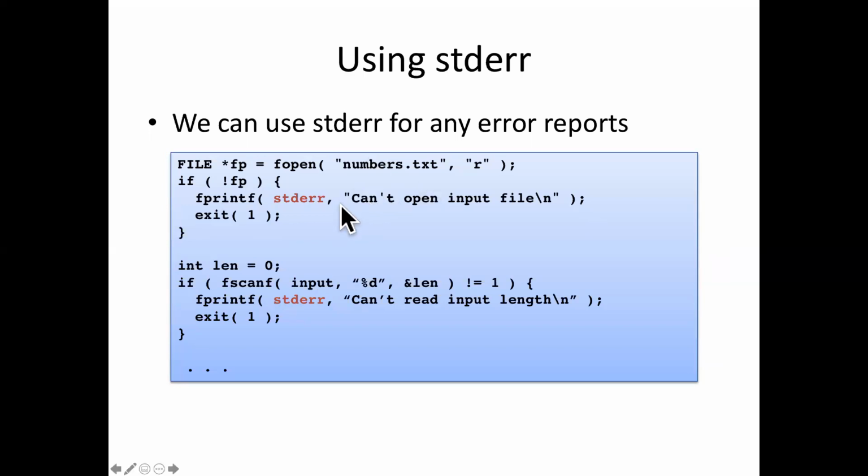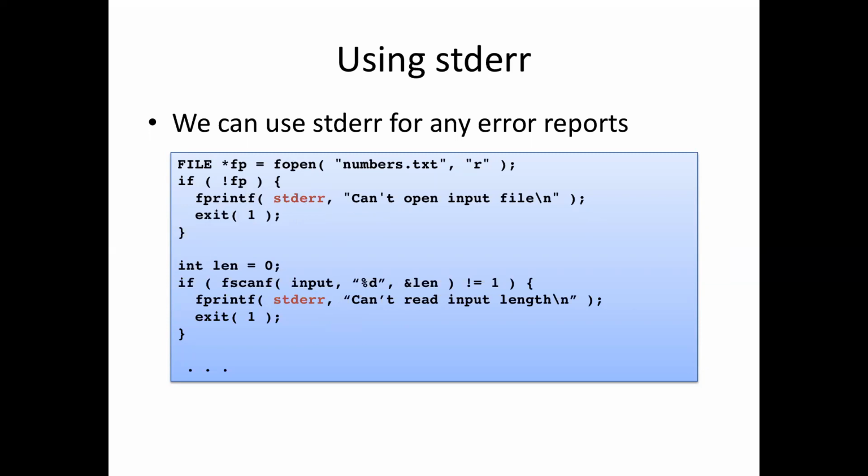If you want to print an error message to standard error, say you try to open a file and you can't open it, you could print an error message to standard error by saying fprintf standard error, and then whatever error message you want. If you try to read an input that you were expecting and you can't successfully read it, you could print an error message the same way.